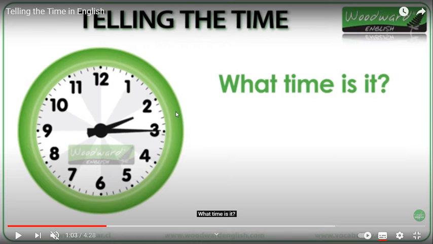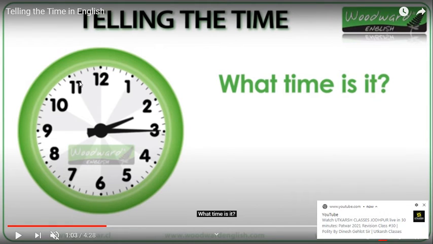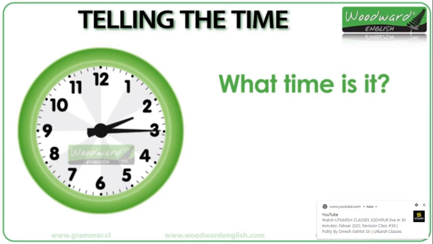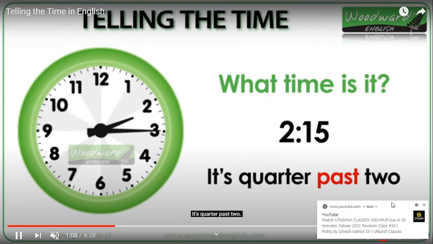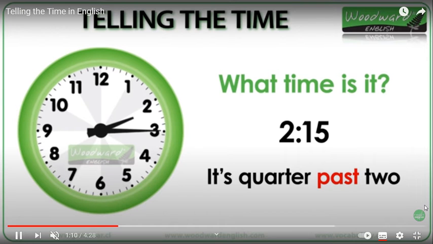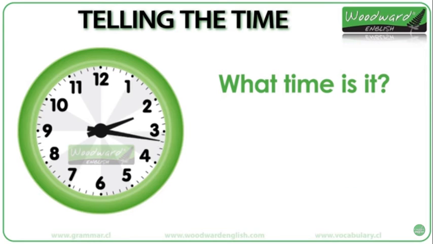Here it is coming quarter past, and this area is coming to. So the time is quarter past 2, which means 15 minutes completed, finished. It is coming in past.